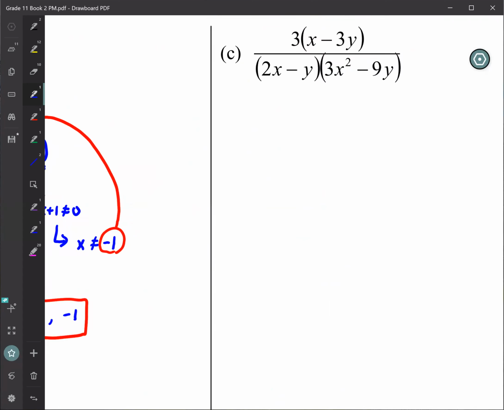Selena? 2. Okay, very good. Which 2? The 2x subtract 1, y, and then 3x squared subtract 9y. Yes. And one more question for you. Okay, what do you think is different from A and B?